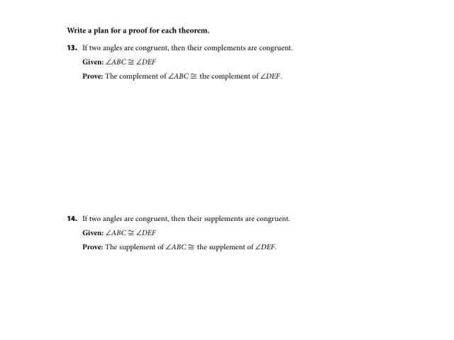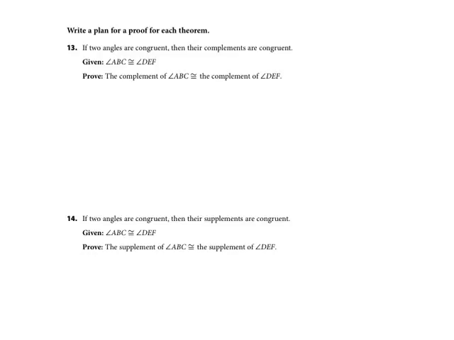Let's work on proofs. We'll work on number 13. Write a plan for a proof for each theorem. Now remember, with proofs, you need to have a plan ahead of time. So, in this problem, if two angles are congruent, which means they have the same measure, then their complements are congruent.